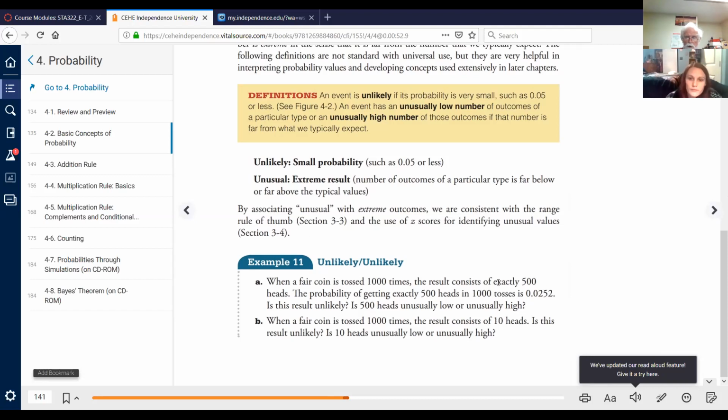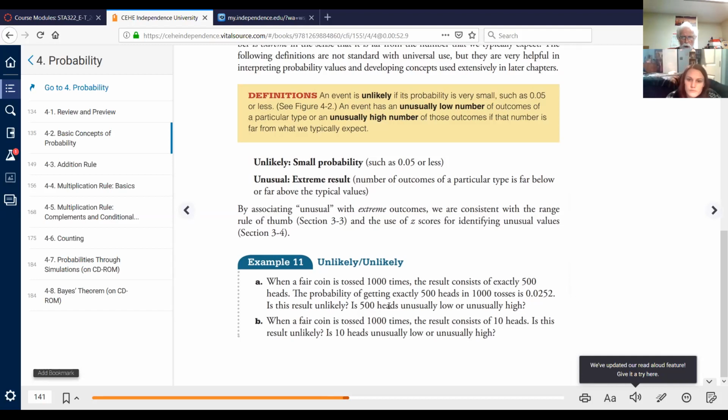So there are some questions here about probabilities. We have a fair coin tossed 1,000 times. The probability of getting exactly 500 heads in 1,000 tosses, probably taken off of a normal curve of some sort, is 2.52%.